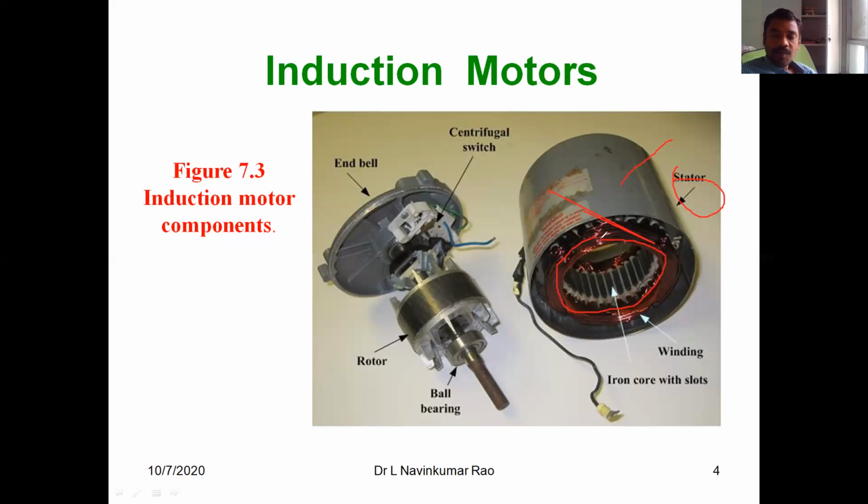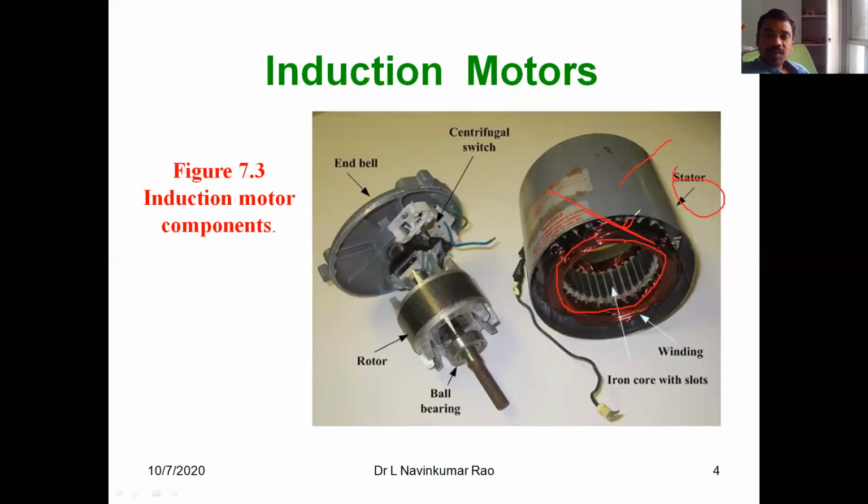Windings are mounted on slots. You will see small slots here. The windings are sandwiched between these slots through insulation. You can see white insulation is also there. So the three-phase winding and slots are there. The stator construction is like this.